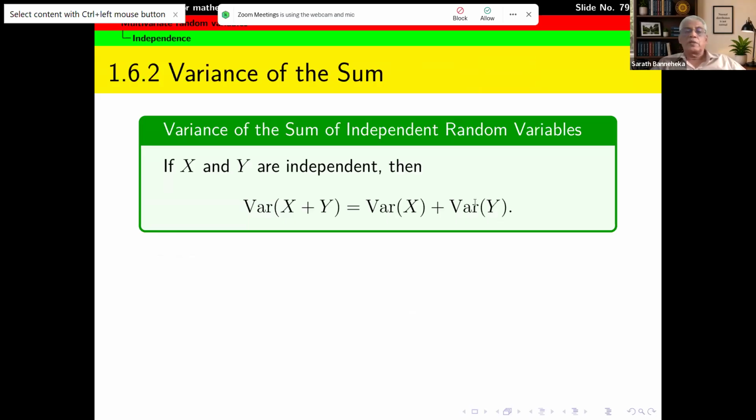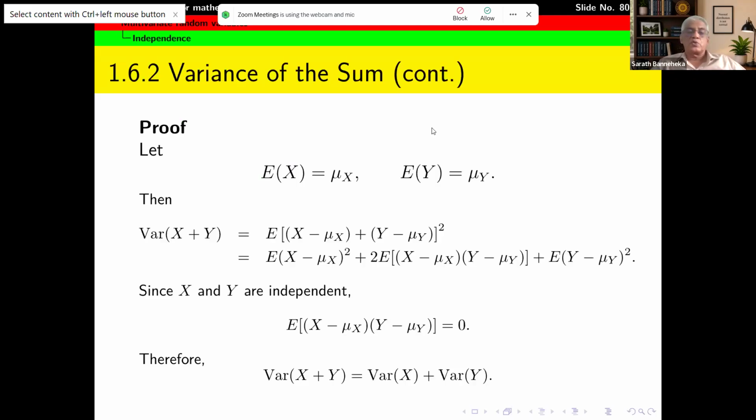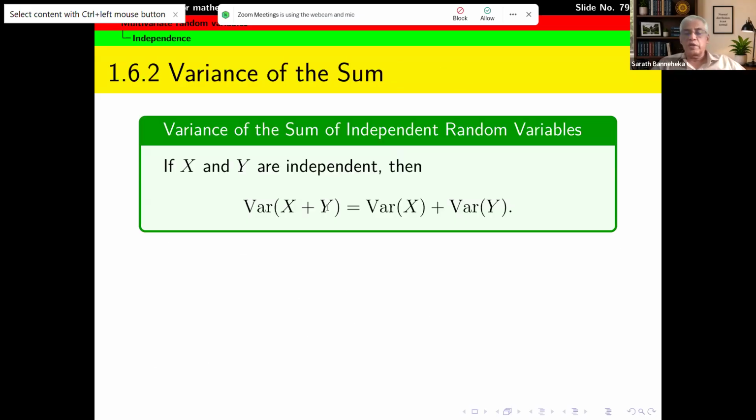If they are not independent, there will be another term coming that will be 2 times the covariance between x and y. But if x and y are independent, then the covariance term will be 0. So we can prove it very easily using the definition of the variance of x plus y.